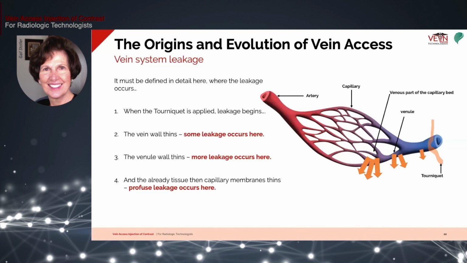So vein wall is thickest, venule is thinner yet, and then the membrane is tissue thin. So we get a little bit of leakage at the vein, we get a little more leakage at the venule, but we get profuse leakage at the capillary membrane level, the venous capillary membrane. That is Starling's equilibrium. That is Starling's physiology, 1896.